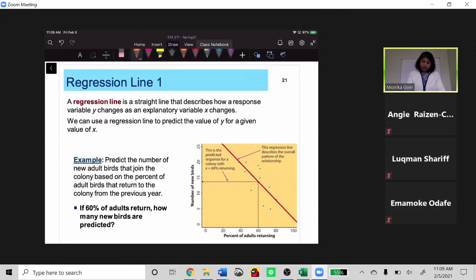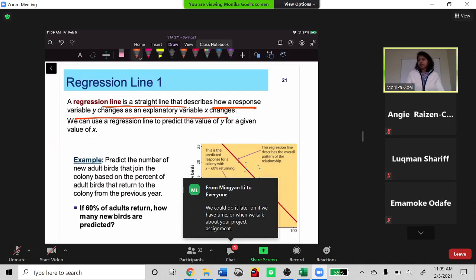A regression line is a straight line that describes how a response variable y changes as an explanatory variable x changes. So think about the first step: you start with a scatter plot. In a scatter plot, you look at the form, direction, strength, and outliers, four things, and you see there is a linear pattern going on.